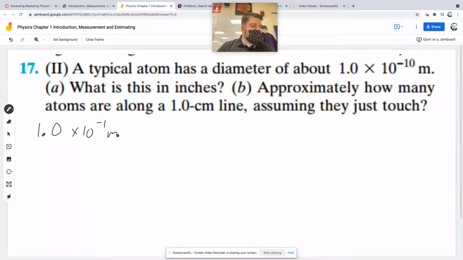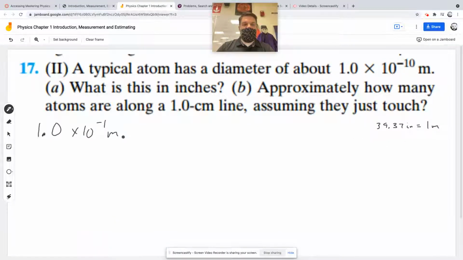And then I need to know the conversion factor from inches to meters. So I will tell you that over here on the side. There are 39.37 inches is equal to 1 meter.